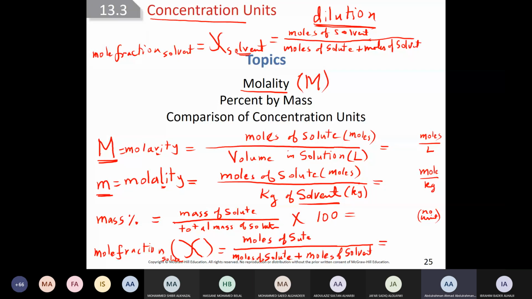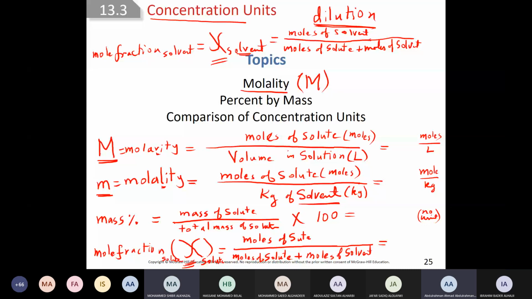All right, and what's this called? Mole fraction of solute. That's why I'll write here, X solute. Let me ask you a very, very simple question. The value of this X and this X must be less than what?